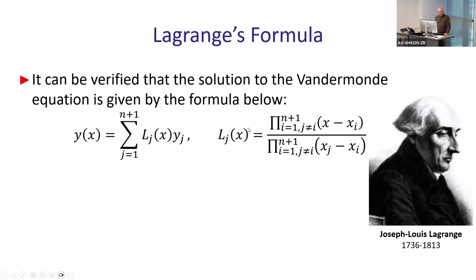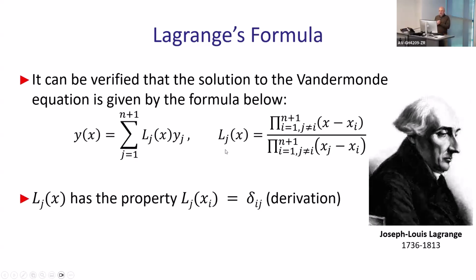And now this polynomial, which is the Lagrange polynomial, will have very special properties. L_j of x will have the following property. At point x_i, which is that particular given point, that red dot, it will be equal to the Kronecker delta.